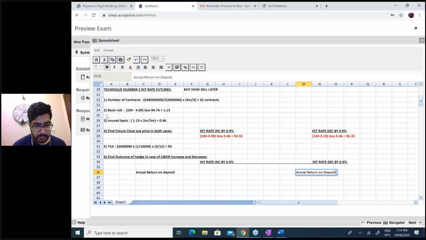Okay, then it's gain or loss due to futures, and you get net cost of return, you get net return. That's what the format states.